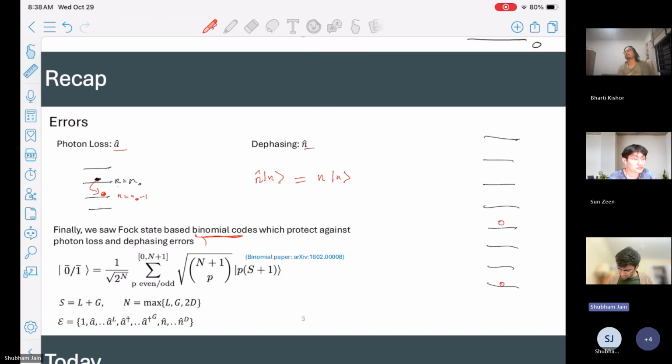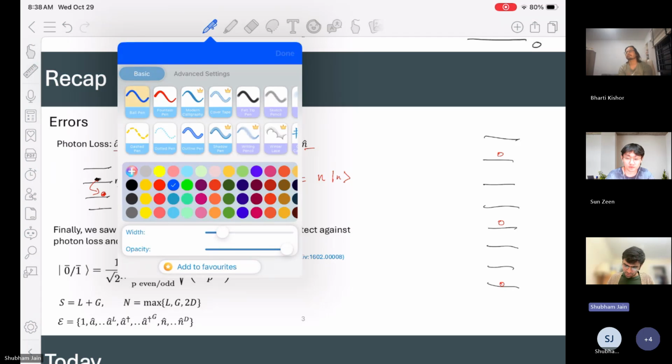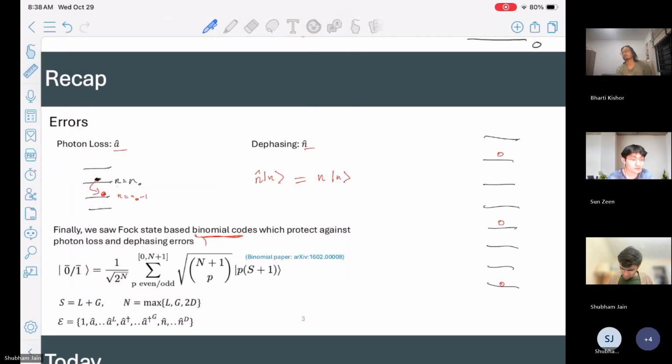For example, I'm doing this for a single loss code. And so all the red, this has to be one above, this two, no. Oh no, actually this is fine.